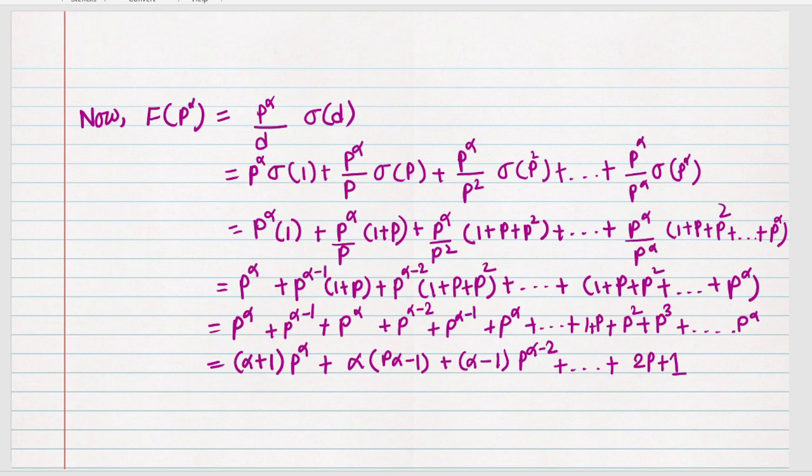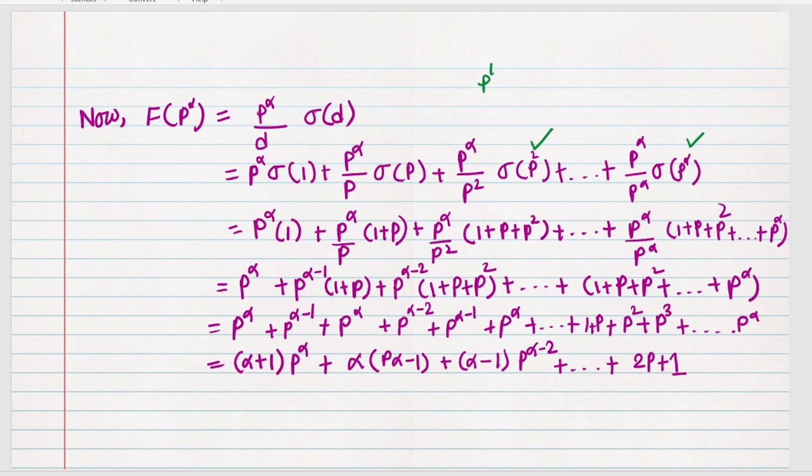Now if we move forward to g of p raised to the power alpha, which is the sum over divisors d of p raised to the power alpha by d times sigma of d. That is p raised to the power alpha times sigma of 1, plus p raised to the power alpha by p times sigma of p, and similarly sigma of p square, and at last sigma of p raised to the power alpha.